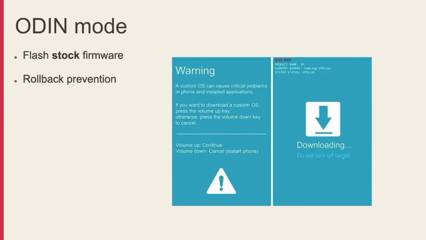The OD mode allows the user to flash stock firmware to manually update the phone. It not only verifies the signature, but also checks the version number. OD mode does not allow the user to flash previous versions or unofficial firmware. This exposes a channel for interacting with Secure Boot.